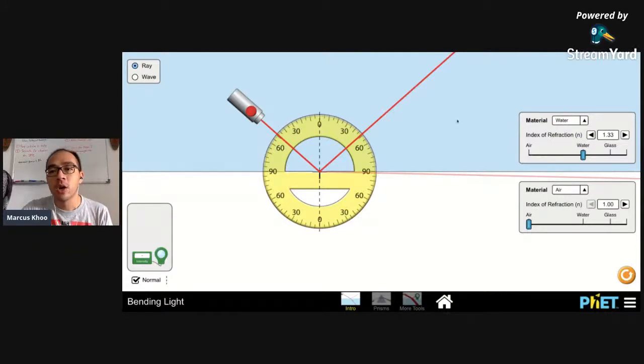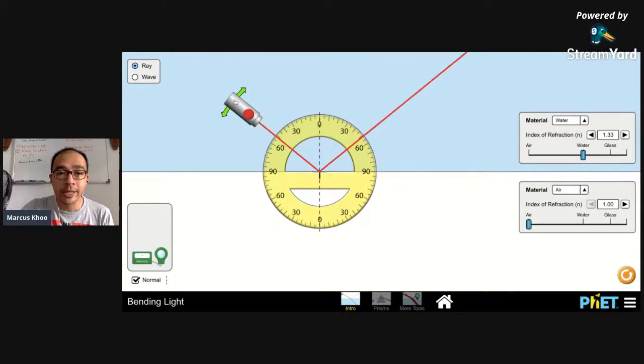So let's start with this. Water is 1.33 index of refraction, and the critical angle is about 50 degrees. That's number one. Let me see if I can write it down. Hold on. This is me trying to do everything.